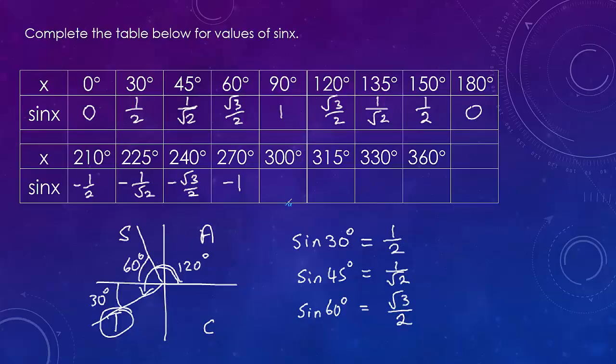And then this one is negative 1. When we get around to 300, the associated acute angle is 60 degrees. And we're in the C quadrant, so it's negative root 3 over 2, negative 1 over root 2, negative a half, and 360 is obviously the same as 0, so we're back to 0.